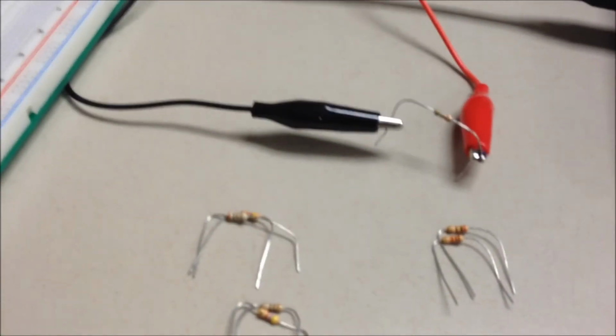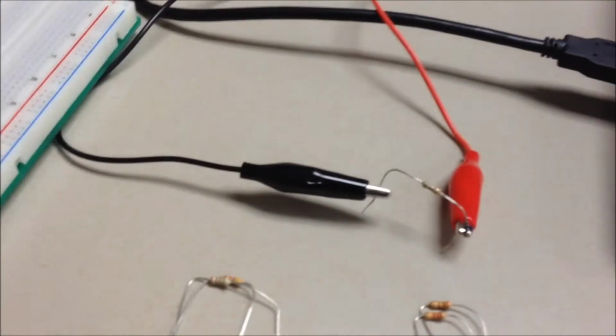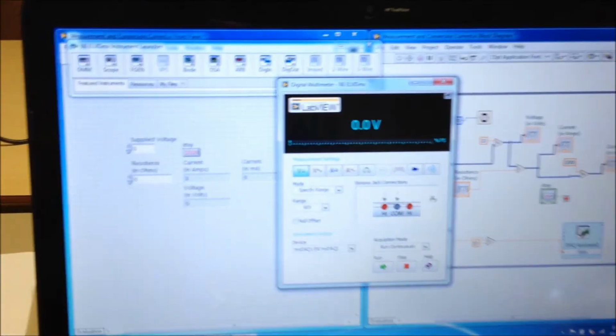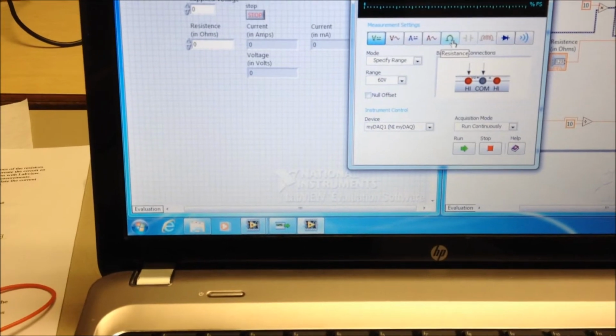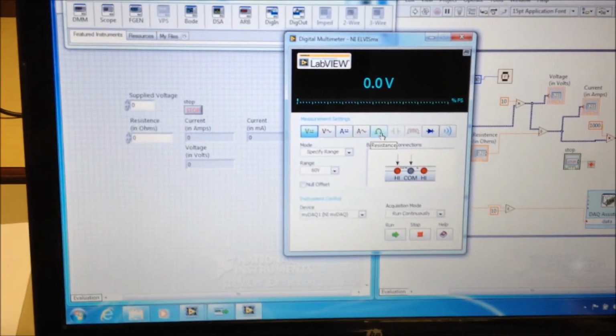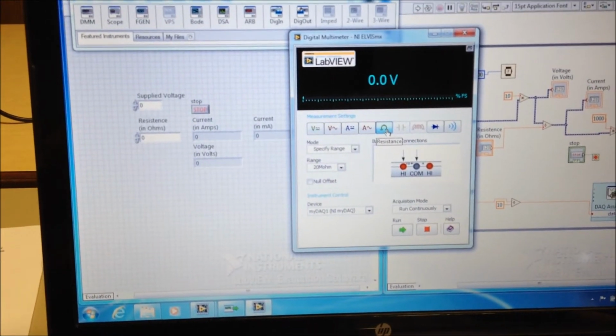Now, to measure the resistance values before you put your resistors into the circuit, what you're going to want to do is connect the probes to the DAQ. And I have my probes connected over to alligator clips over this resistor here. Open up the Elvis function, a multimeter function of the DAQ. Click on ohms.